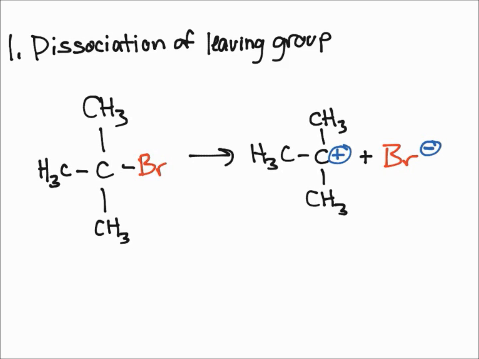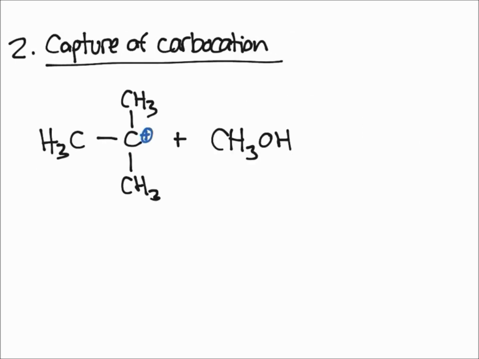Next, we're going to take this molecule into the next step. So next would be the capture of the carbocation. Remember, you have the CH3OH floating in the solution, and this will act as a nucleophile due to the lone pairs, don't forget about those, on the oxygen.